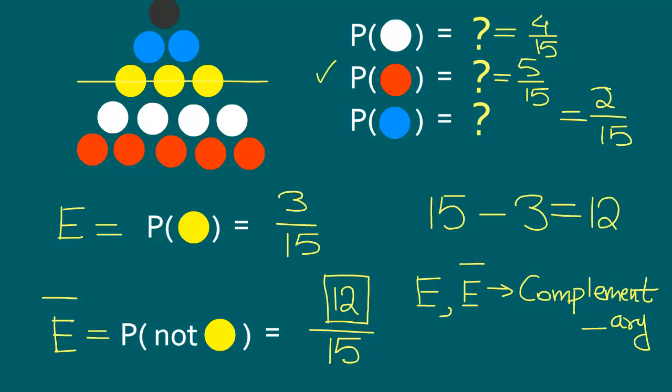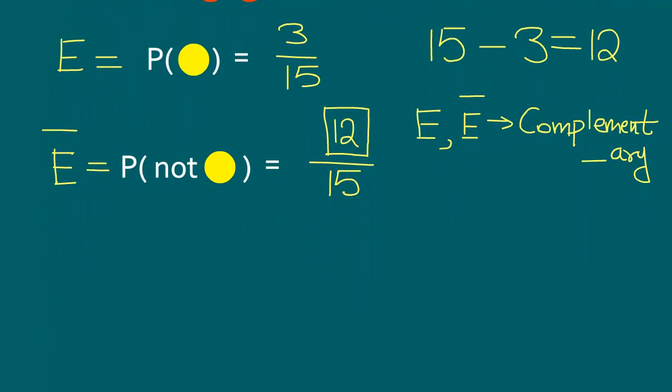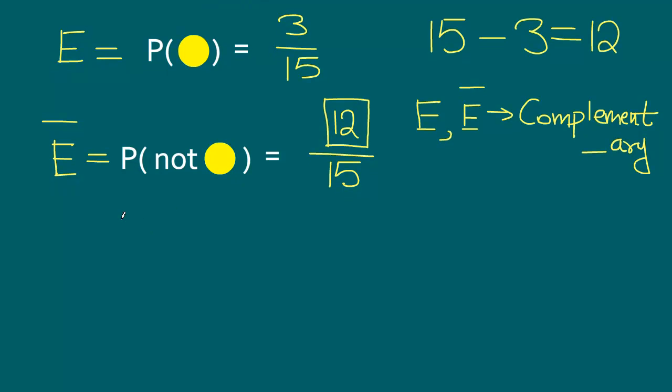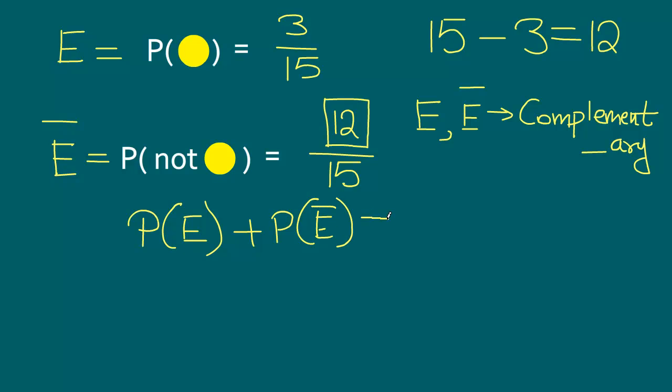And there is something unique about complementary events that you should know: the probability of the event and the probability of the complementary of that event, if you add these two probabilities, we always get 1. This is very, very important to remember.